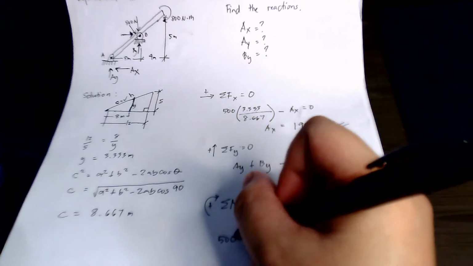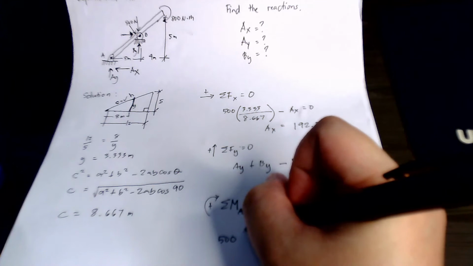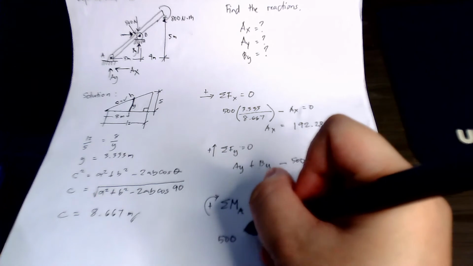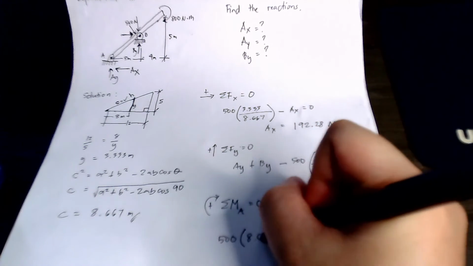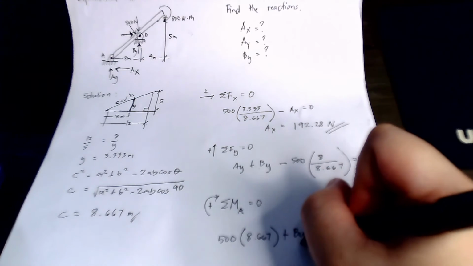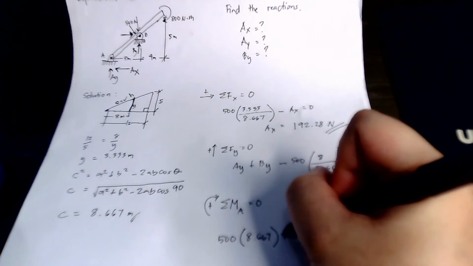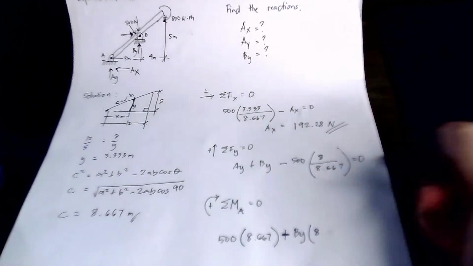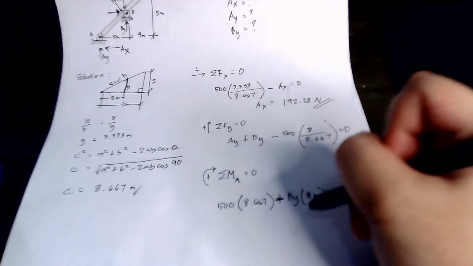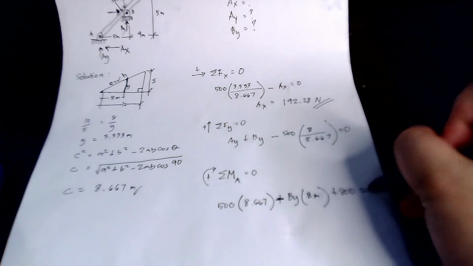We use 500 because we already know the moment arm here is our C, 8.667, plus BY, which is negative since it is counterclockwise, and plus 800 Newton meter equals 0.